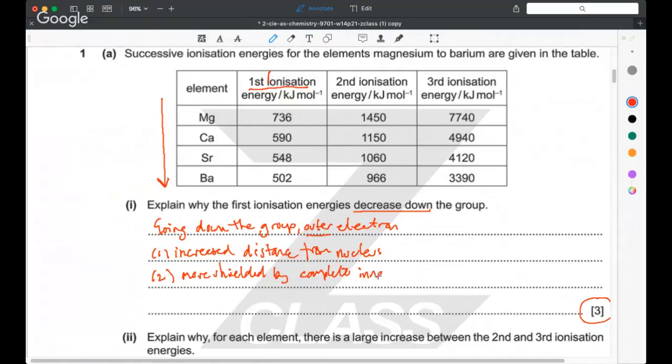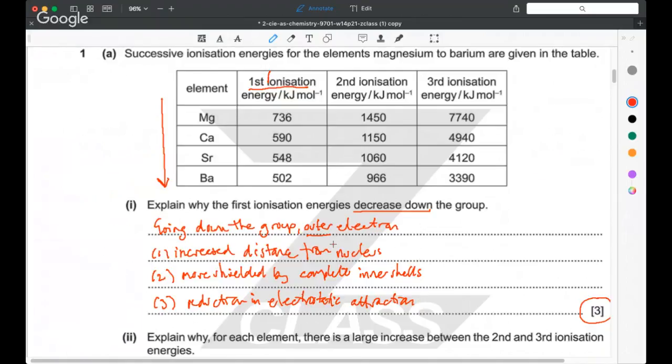That combination of the outer electrons being further from the nucleus and being more shielded from the nuclear charge by completed inner shells means there's a reduction in electrostatic attraction, and that's the reason that the first ionization energy is decreasing down the group.